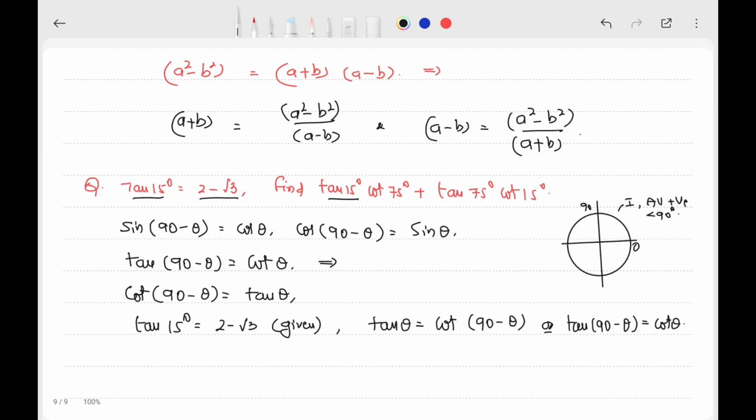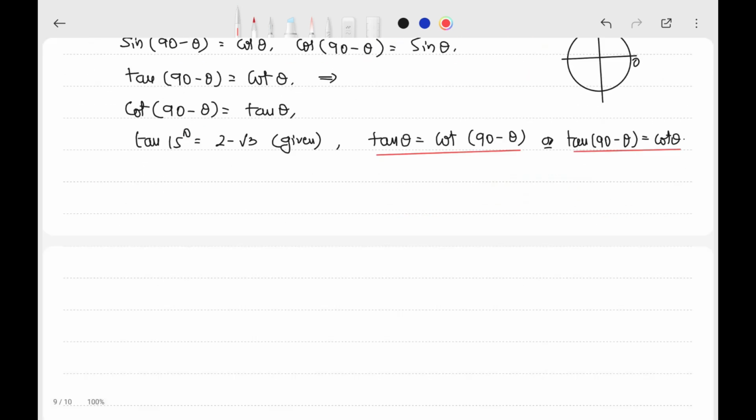This identity we are going to use. Now, can you write tan 15 is equal to cot 90 minus 15? Can we write this way? Yes, we can write. That is equal to cot 75. That means tan 15 degree is equal to cot 75.